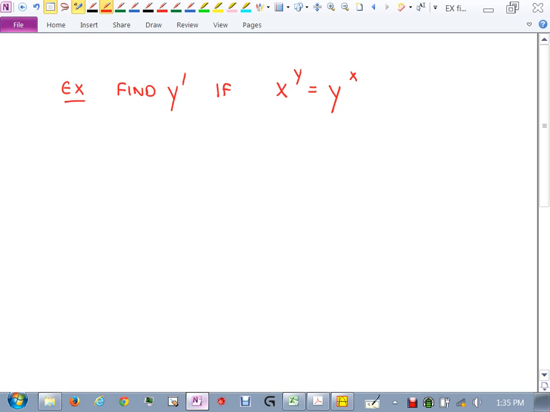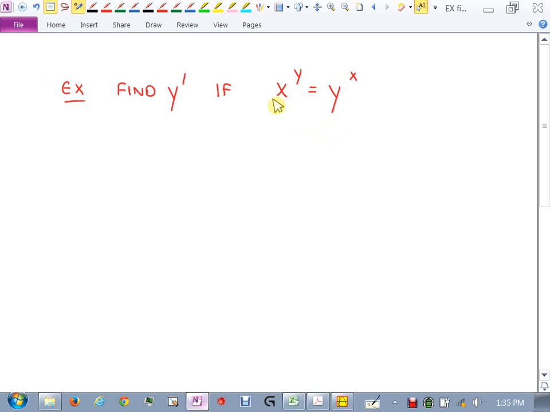It's when we had an equation where we couldn't solve for x or we couldn't solve for y, we couldn't isolate the variable, so we used implicit differentiation. Here we want to do the same sort of thing because I can't solve for x exactly, it's on both sides. I can't solve for y exactly, it's on both sides. So I want to do implicit differentiation.